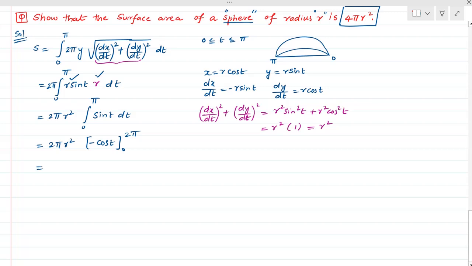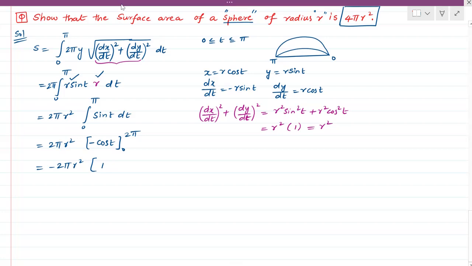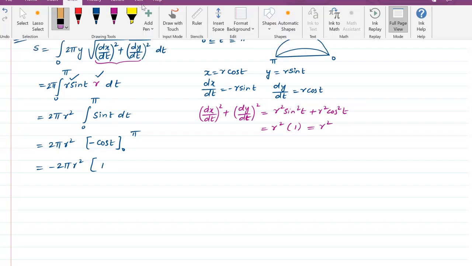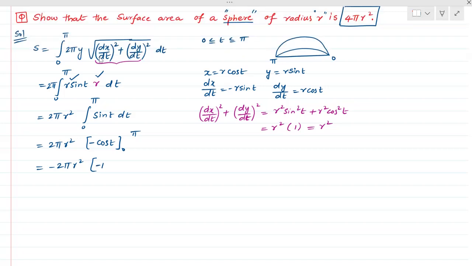When you apply the limits, cosine pi is minus 1, minus cosine 0 which is 1, so minus 1 minus 1. So you will get minus 2 pi r squared times minus 2, so minus of minus, it is 4 pi r squared.